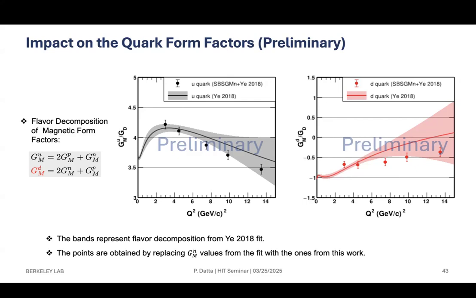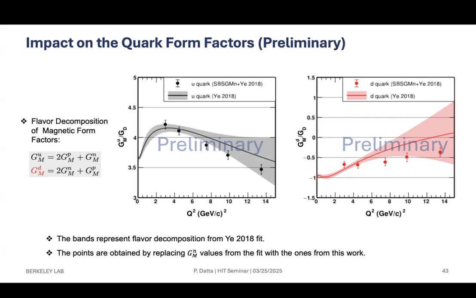And these data points are from replacing the GMN values from the global fit with our results. And the same here as well. You can see at high Q squared our data dominates the uncertainty, right? And once we have the final results of GMN and reanalyze the global data, it is going to significantly constrain this extraction at high Q squared, which is very interesting.